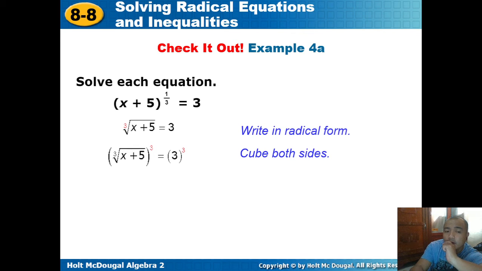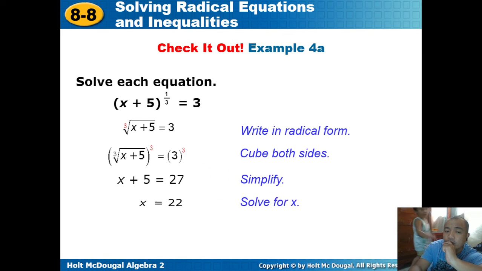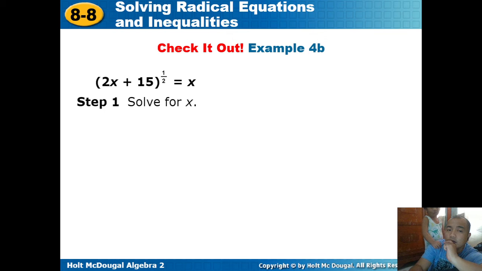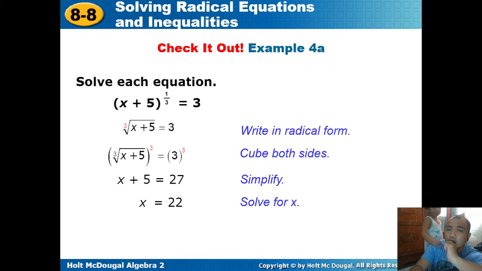The cube root of x plus 5, cubed, is equal to 3 cubed. Then x plus 5 equals 27. 3 cubed is 27. Then 27 minus 5 is 22. So the answer is 22. Substitute to check. The checking is for you to do.